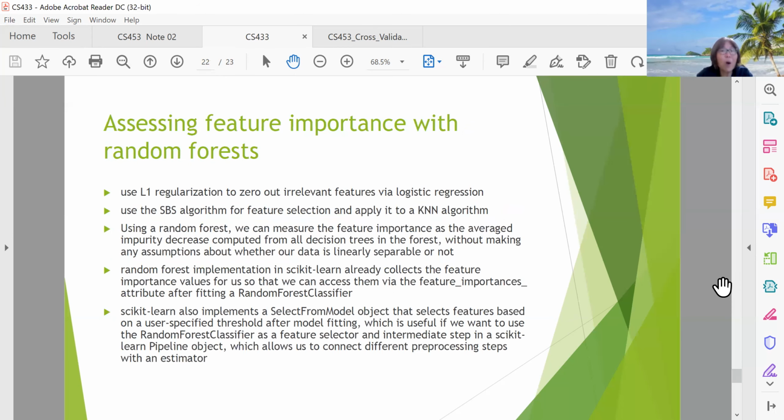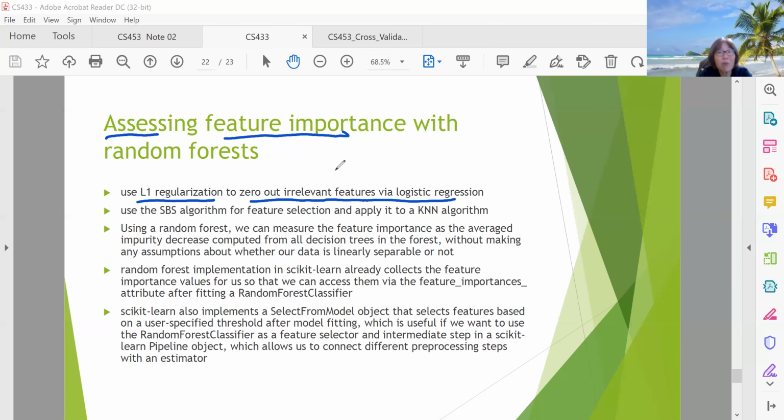If you recall previously, in the decision tree and random forest, we discussed feature importance and how we can access it. Using L1 regularization, we can zero out irrelevant features via something like logistic regression. In machine learning you're not limited to a single algorithm.